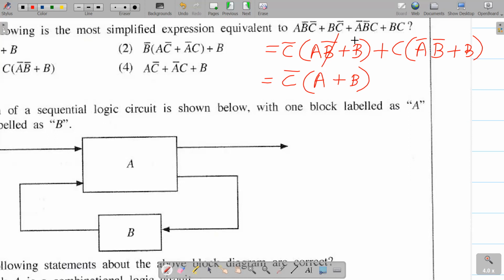B is alone, so its complement is with another, so the complement can be taken away. Plus C, here it's going to be A bar plus B, right?